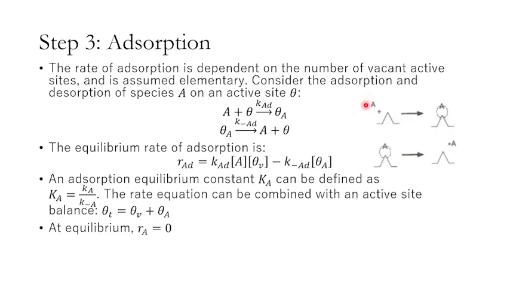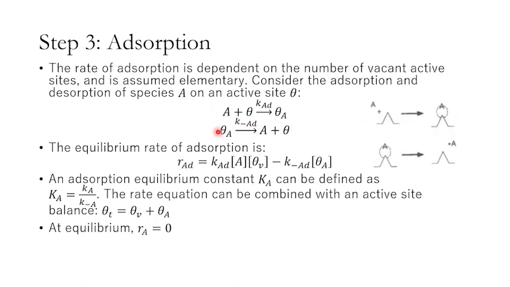So we have our reactant A and our vacant active sites. And when they combine together, we have our reactant A adsorbed into our vacant site. Okay? This is A, this is theta, and this is theta A. Now, since this is an equilibrium process, this has to be a reversible reaction. The reverse reaction of the adsorption is the desorption.